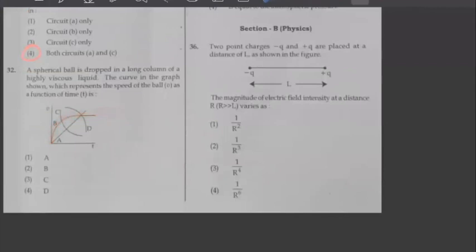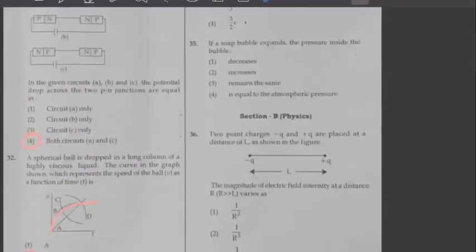There's only one graph here where it becomes constant, and that is this graph. This one is D, this one is C, this one is A. So I think it's B then. We need to make sure that we are selecting the right letter. This straight line is for A, this is for C, this is for D. So this one. Okay.